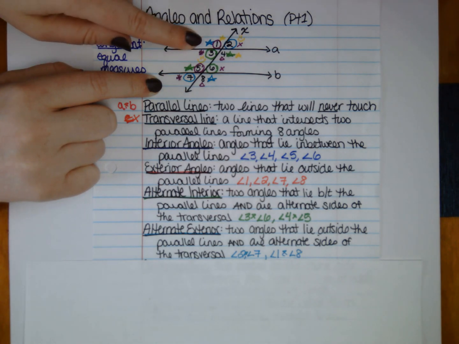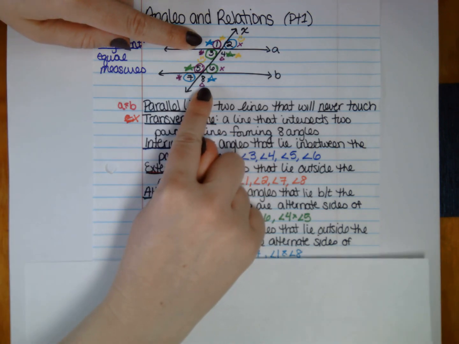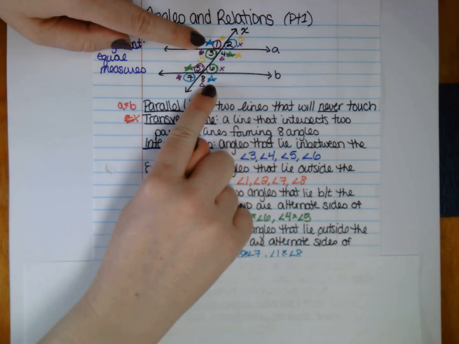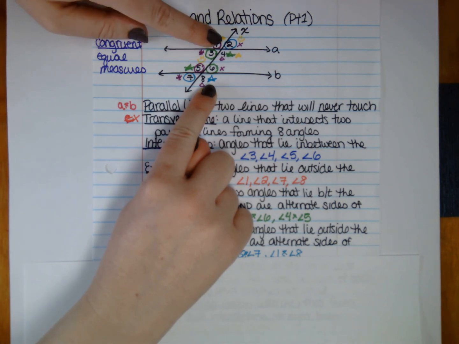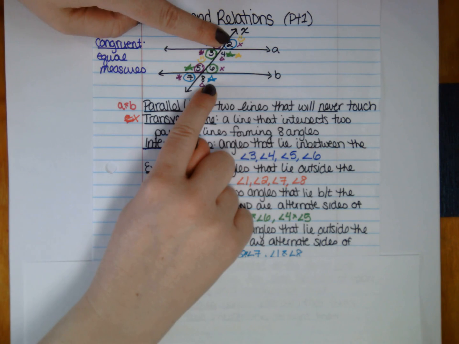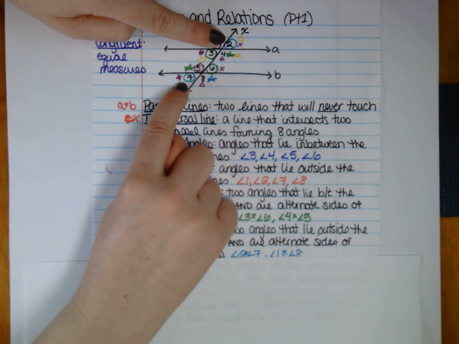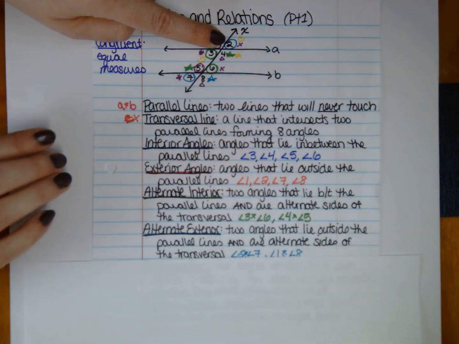If I look at angle 1, the one that is alternate to the transversal is angle 8. That's why they're both represented by a blue star. If I look at angle 2, which is above and to the right, the one below and to the left would be angle 7. So 2 and 7 are the other alternate exterior angles.